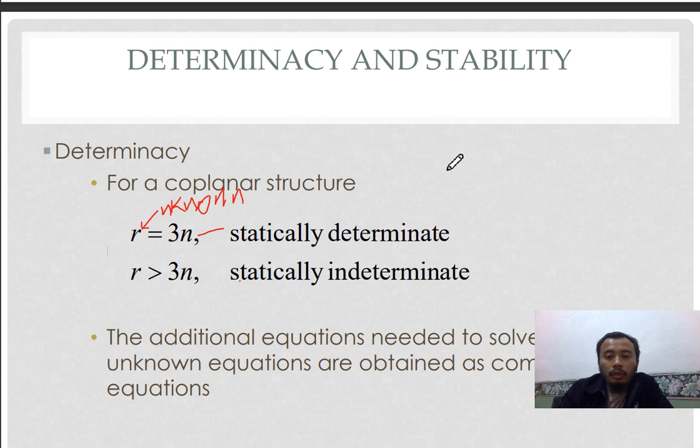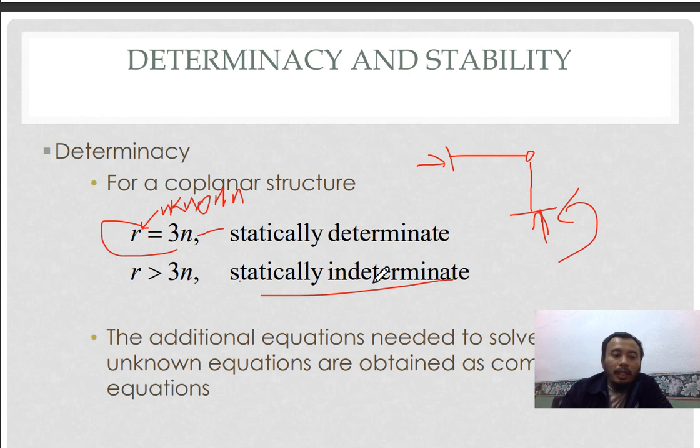If you have a frame connected by 2 members, you have 2 members of structure. R is the reactions that you have according to the type of support. If the number of unknown reactions is equal to 3 times the number of members, it will be statically determinate. If the number of unknown reactions is too big against 3 times the members, it will be statically indeterminate.